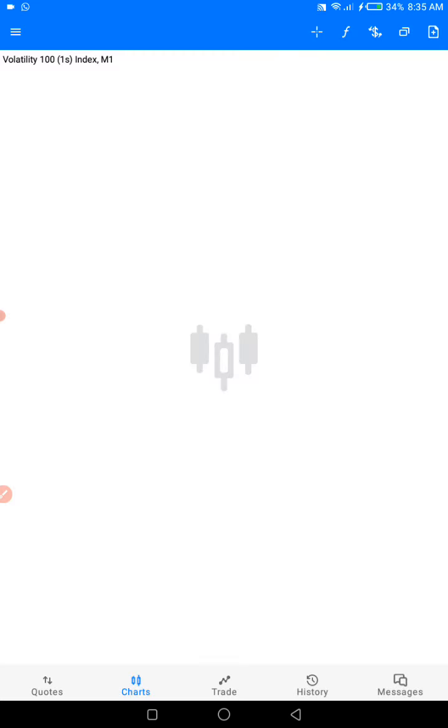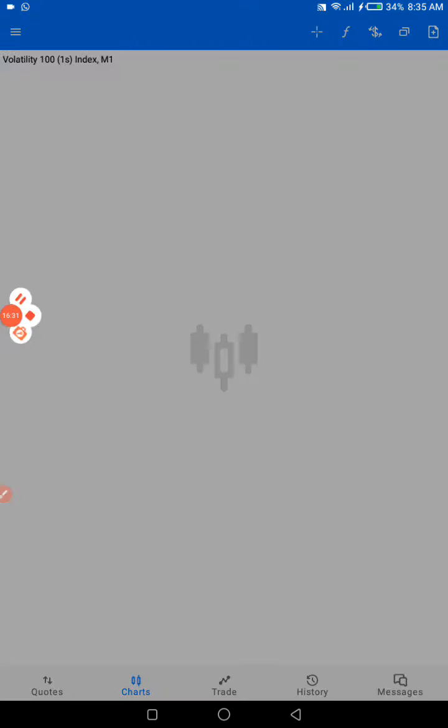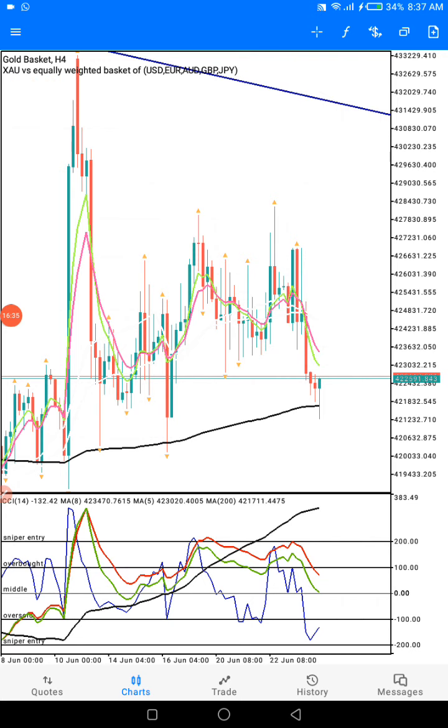Now, if you look at the gold basket, look at what it stated here. It says the gold basket is an equally weighted basket of USD, Euro, Australian dollars, Great Britain pounds, and Japanese yen. And currently, this is how the trend is. This morning it is on a buying trend.